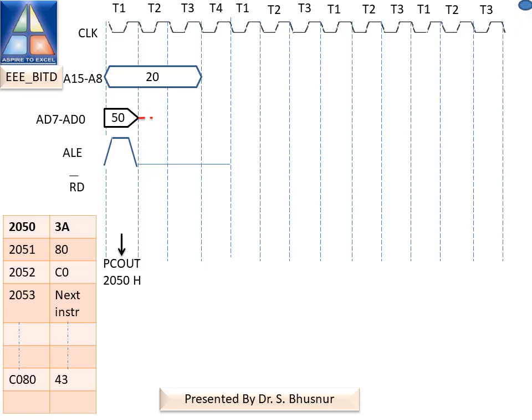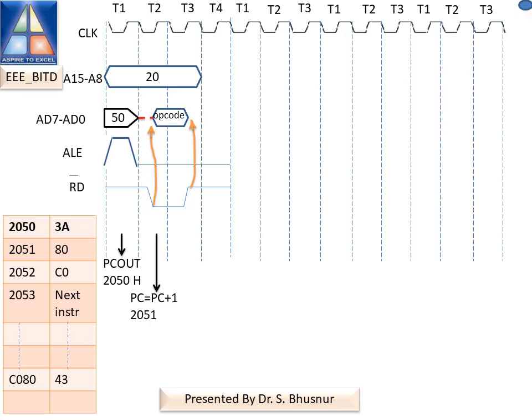Once the memory location is selected, after the T1 state, the read signal is made active. When this read signal goes low, it will activate the memory device and release the content of the 2050 memory location, which is nothing but the opcode of LDA, onto the data lines.